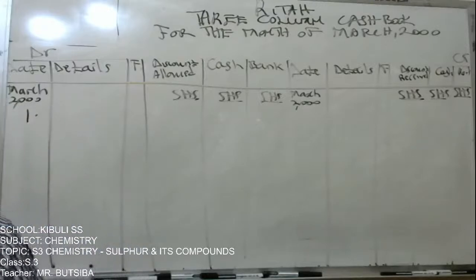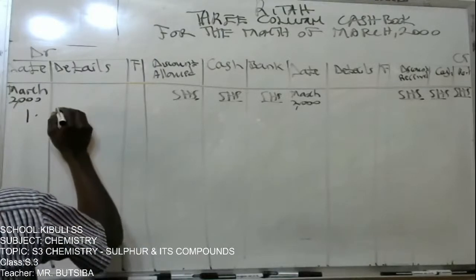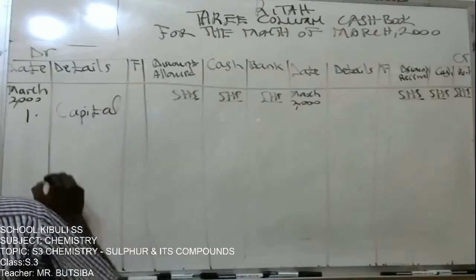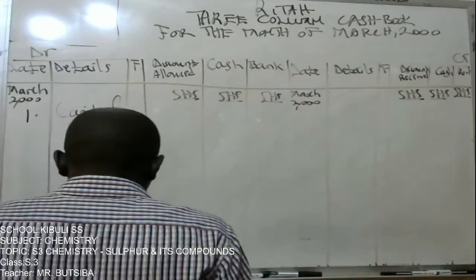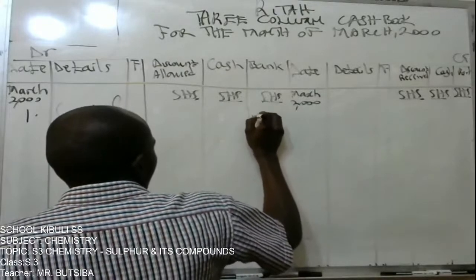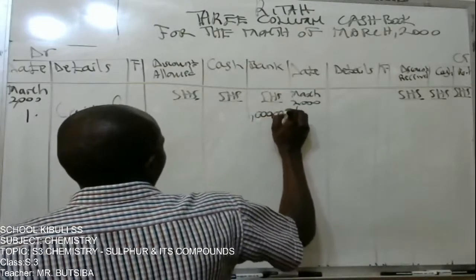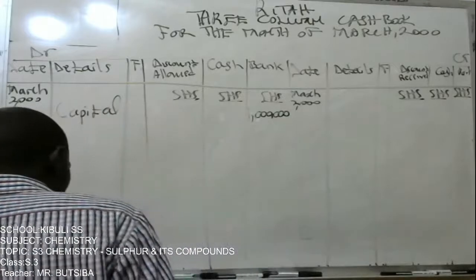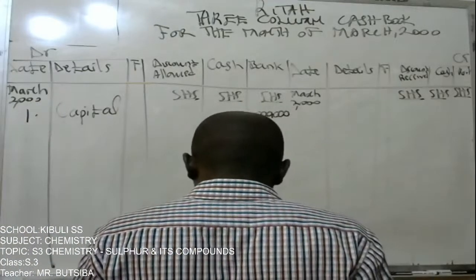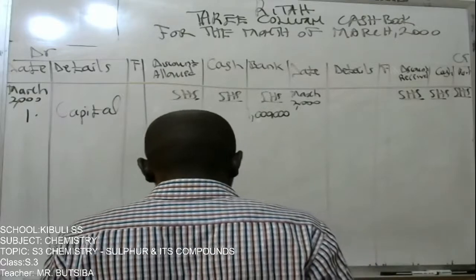You can call it capital because we are starting the business. So it is 1 million. You move on, and then you look at the next transaction, which is on second.